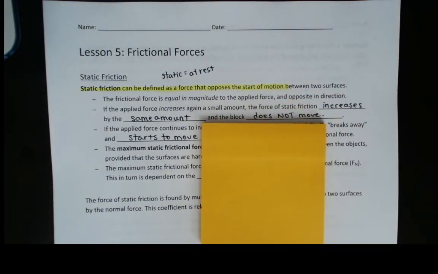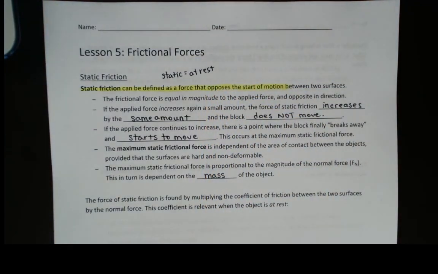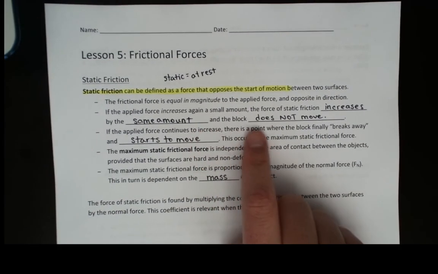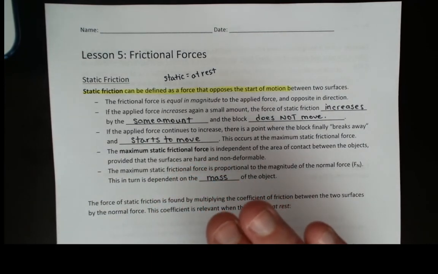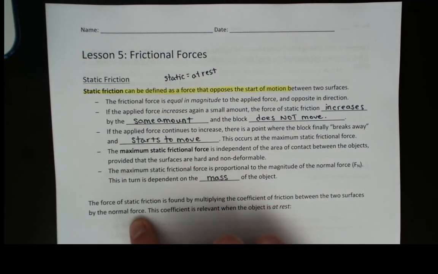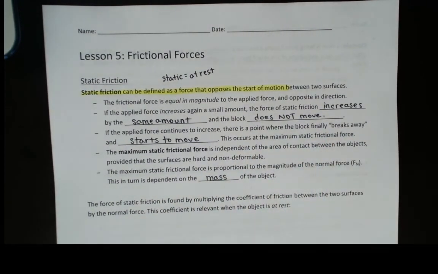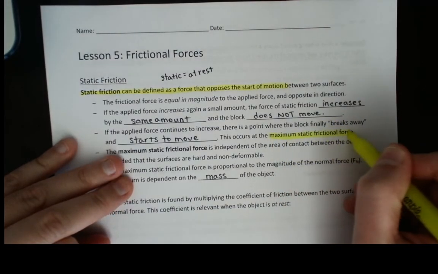The object is not going to move until we get to a certain amount of force. If the applied force increases and the block doesn't move, that means both the applied force and the static friction force are going up, until the block finally breaks away. We call that the maximum static frictional force.